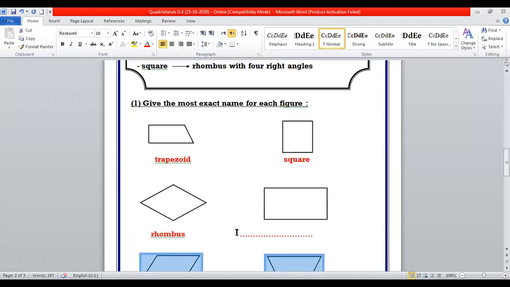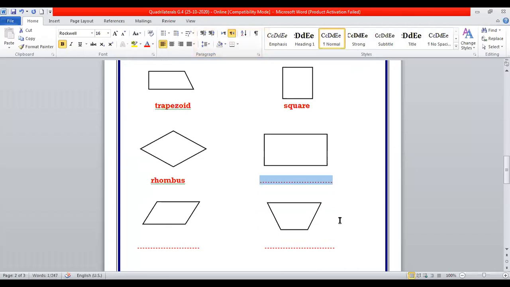The fourth, what is the name of the fourth quadrilateral? Yes, Ryan Hagag. Rectangle. Yes, it's a rectangle.